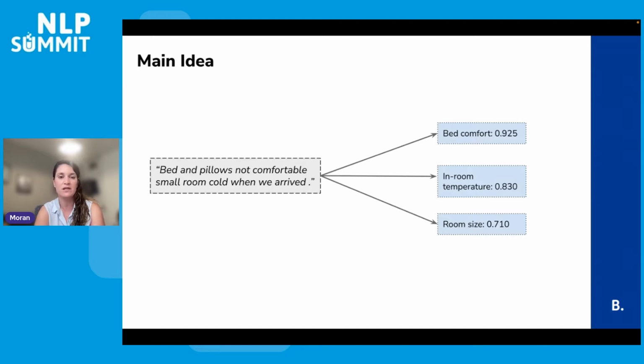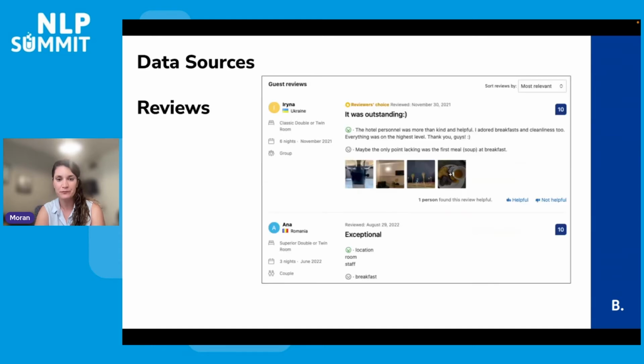For example, in this review, "bed and pillows not comfortable, small room, cold when we arrive," which is a real review, we want to extract the topic bed comfort. We can see that the in-room temperature is mentioned and the room size is mentioned. So the main idea is that for every kind of text, we will extract these kinds of topics.